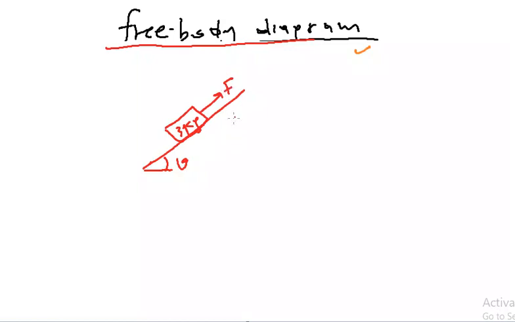Someone is pulling the object upwards. So that's the free body diagram. Fg will always go down. Fg always goes down. Then the normal force is a perpendicular force. We will try to draw forces that are perpendicular to the surface. This is the normal force. Frictional force opposes the motion and acts parallel. So we know Fk since the object is moving.